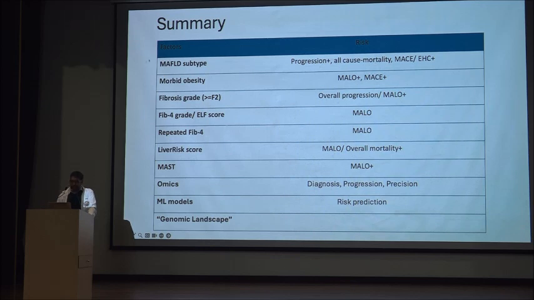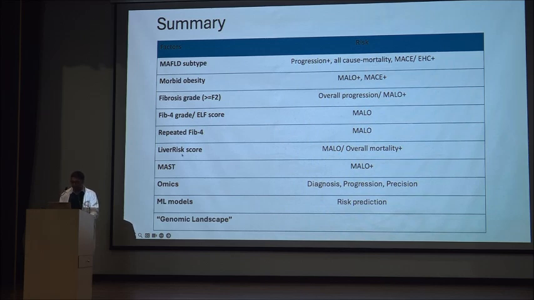In the morbidly obese from the bariatric surgery group, the non-surgery patients were found to have significantly higher MALO and MACE. Fibrosis, or the conventional F2 and above, has been shown to predict overall progression in population-based studies. FIB4 or repeated FIB4 have been shown to have good correlation with prediction of MALO, even the ELF score.